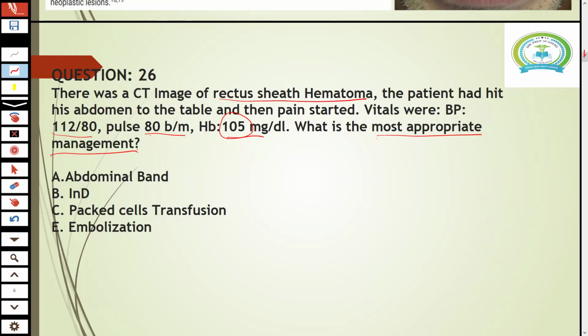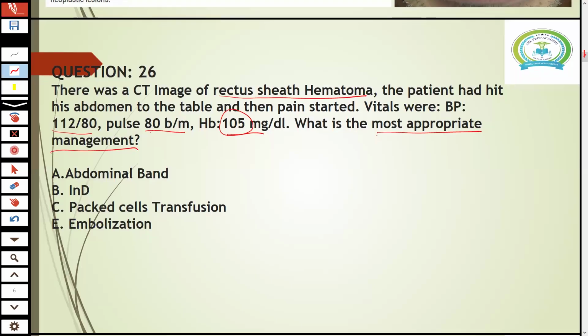Okay, some are with abdominal band and some are with IND. Let's move then.